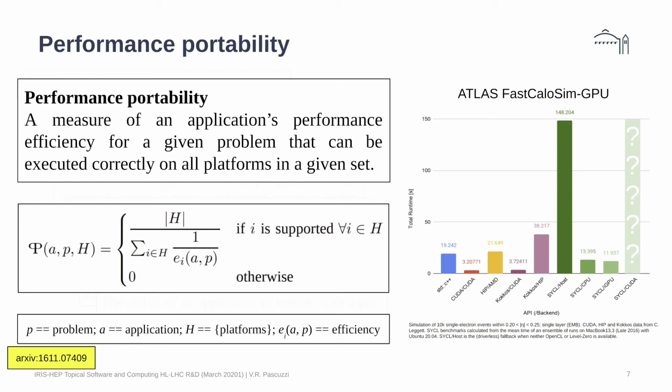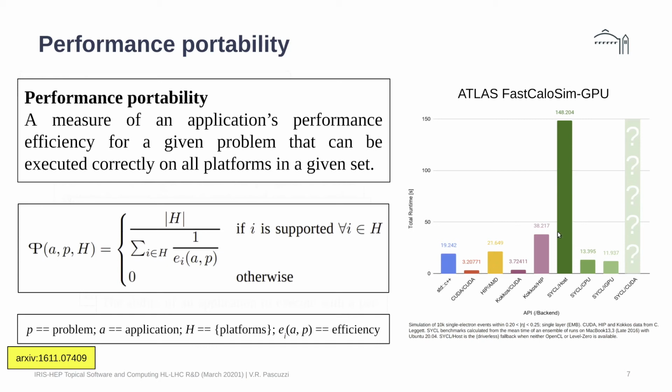So for example, CUDA would get a 0 right off the bat, because you can't run CUDA on anything but NVIDIA hardware. RAJA, Kokkos, SYCL, they would have non-zero values as long as H is not including any platforms that weren't supported. But that's the aim of these portability layers, that they aim to be able to run on all hardware.